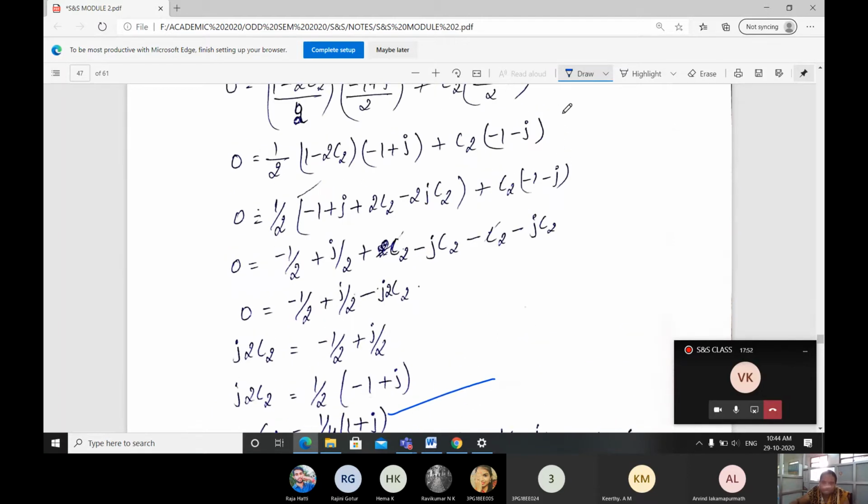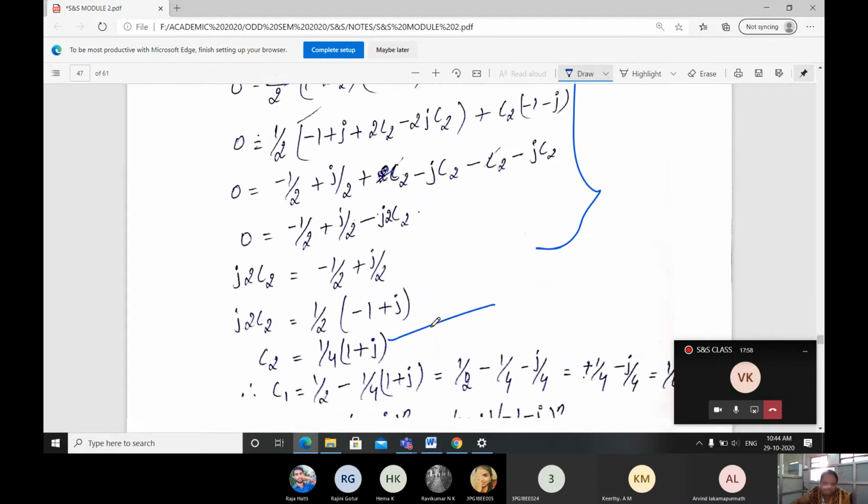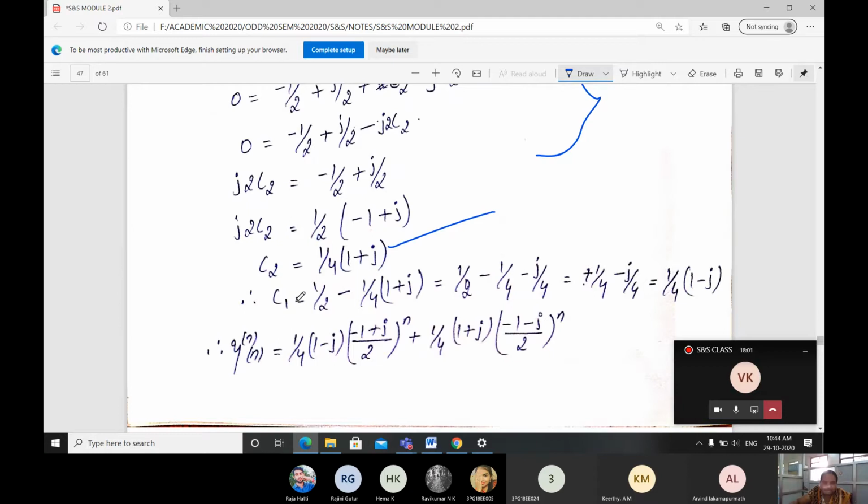I hope you can do these steps manually. Just go on, take the LCM and all, you will be getting this, okay. Then C1 is going to be 1 by 2, substitute the C2 value here, so you will be getting 1 by 2 minus 1 by 4 (1 plus j). Solving this, you will be getting 1 by 4 (1 minus j).